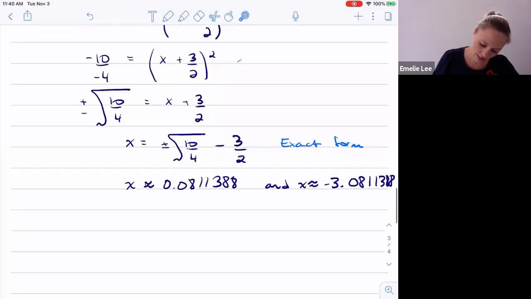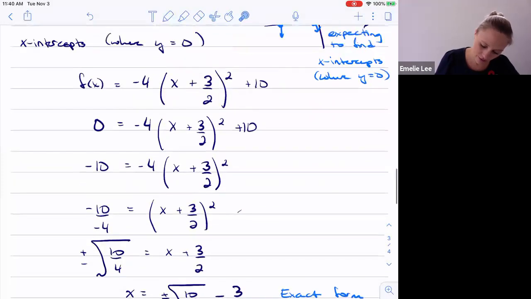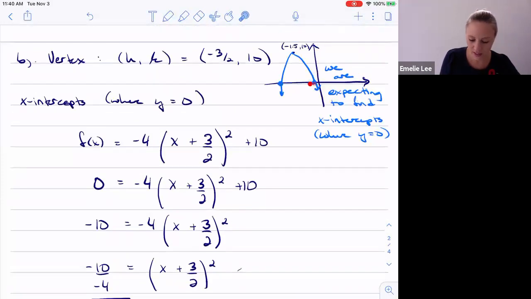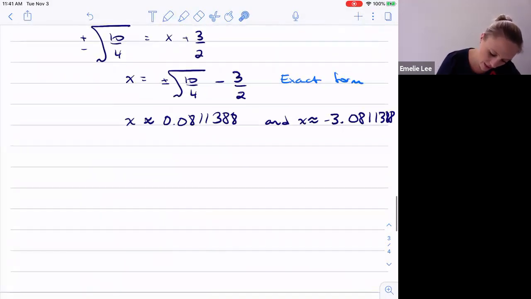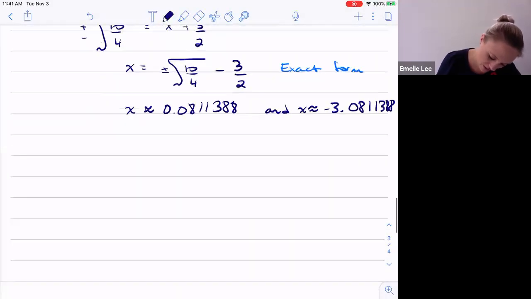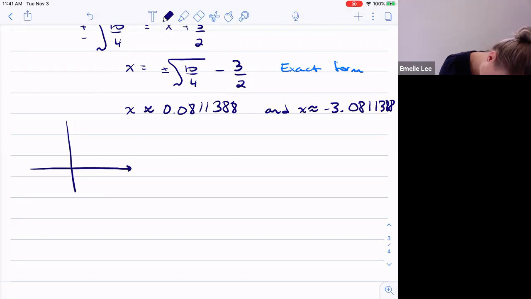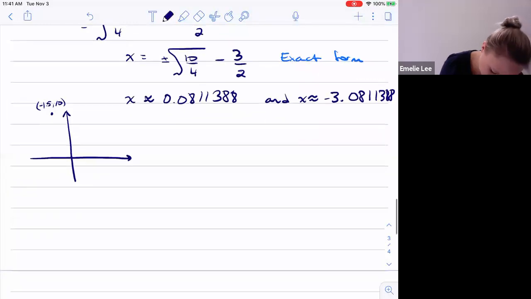So it looks like our graph is kind of coming together. It's going to be shifted over a little bit because one of them is positive and the other one's negative, which means we're going to have a y-intercept. So where we're at now is the vertex at negative 1.5, 10.